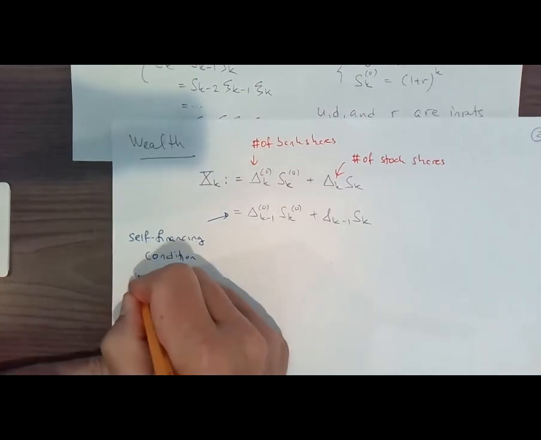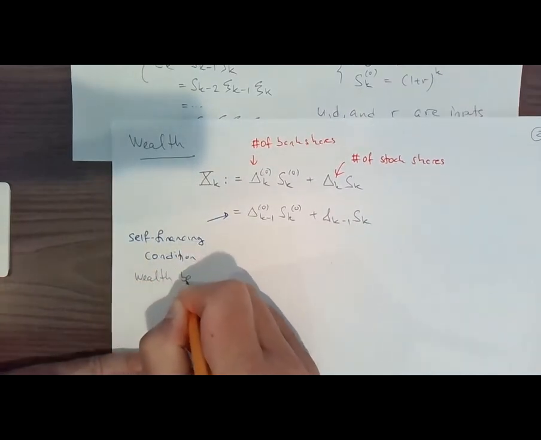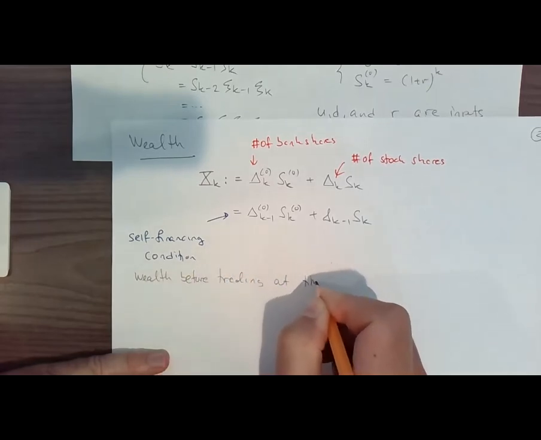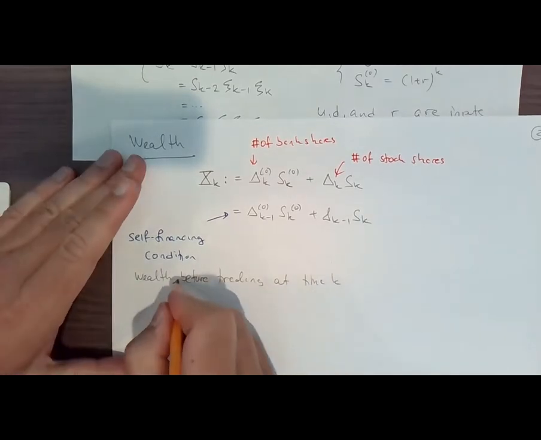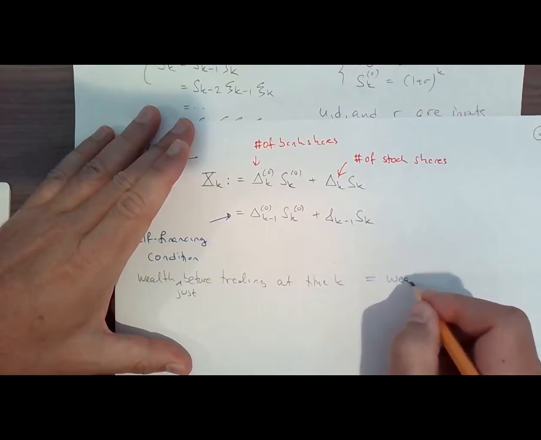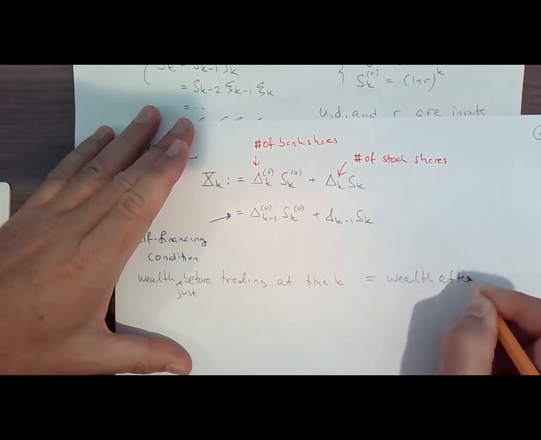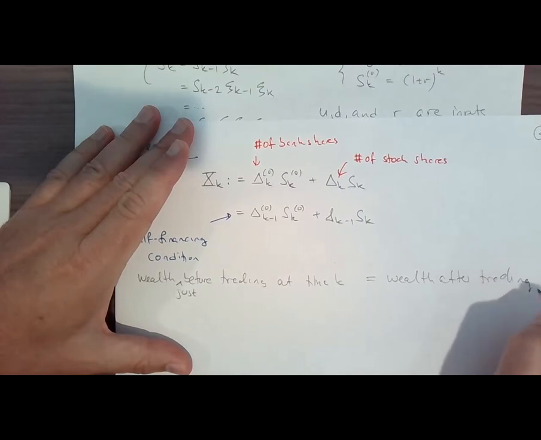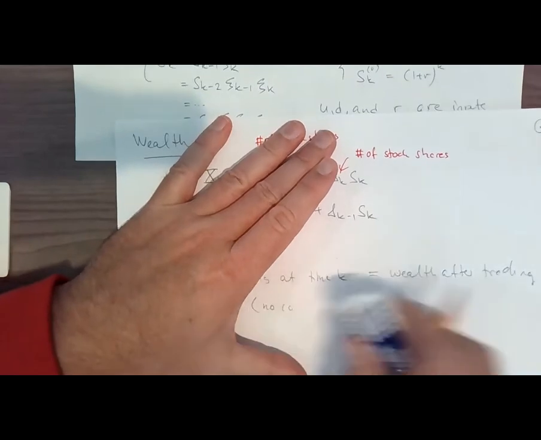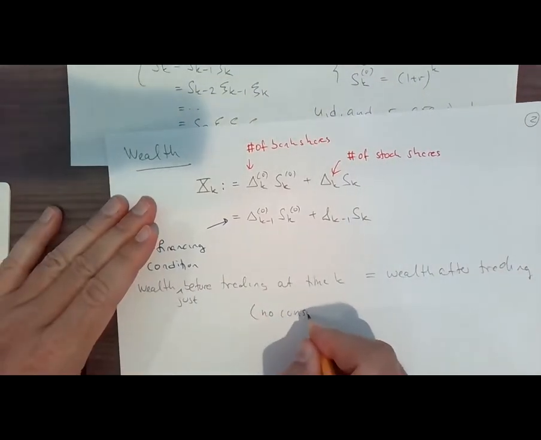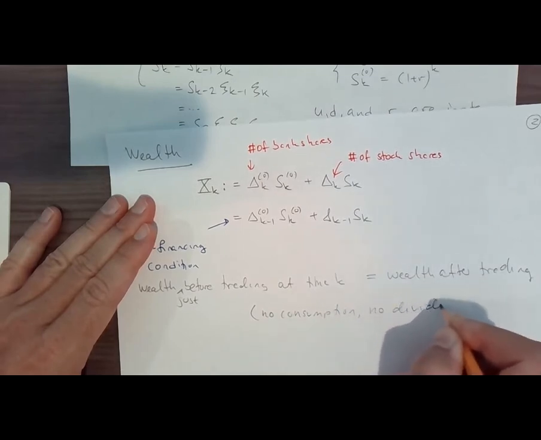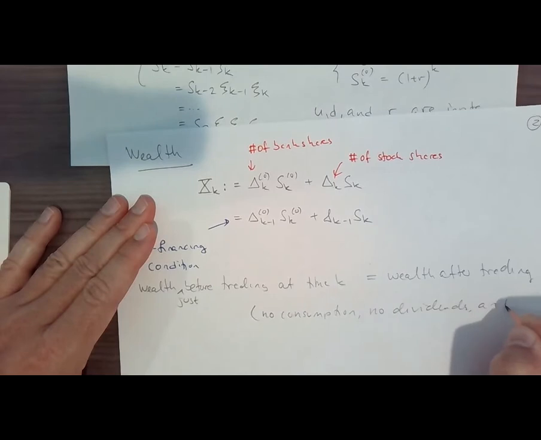So I should say wealth just before trading at time k equals wealth after trading. So there's no consumption, there are no dividends, and no, what else?